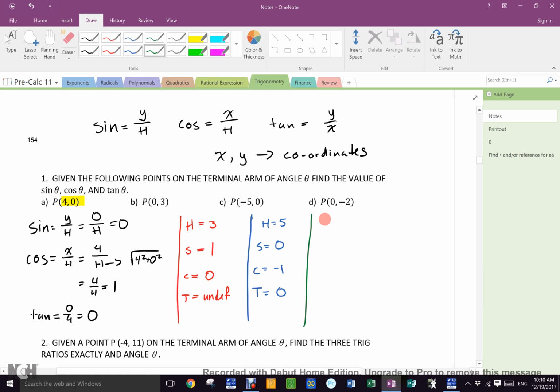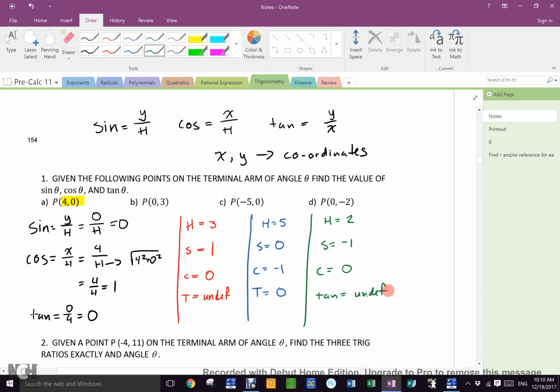And D. What's my H? 2. What's my sine? -1. What's my cos? 0. What's my tan? Undefined. Is everybody good with these 4 easy ones?